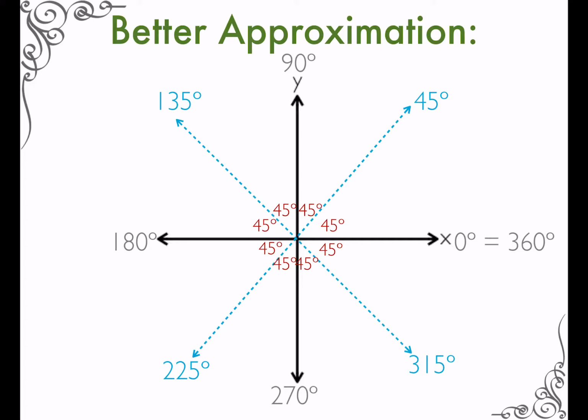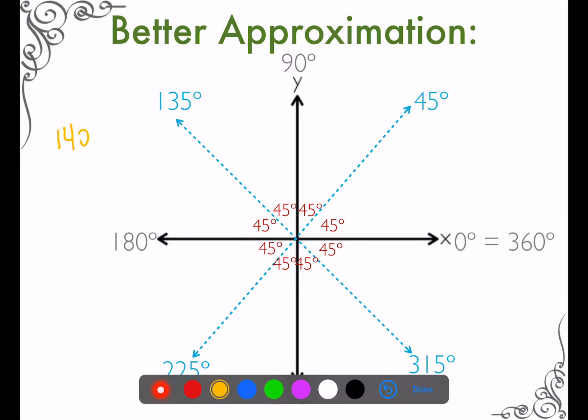So if I was asked then to sketch, let's say, a 140-degree angle, where is that located? Well, what I could do, if I have all my guide angles in, is start with the initial side of that angle.